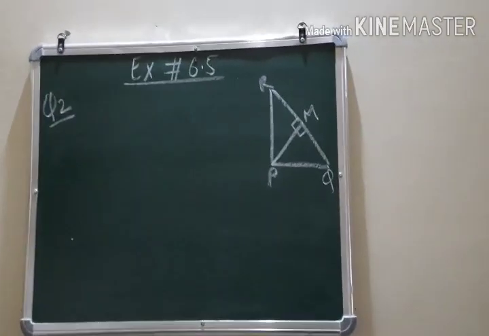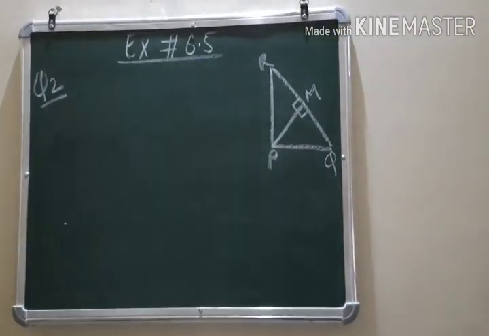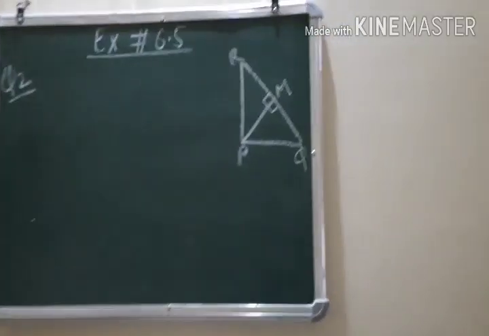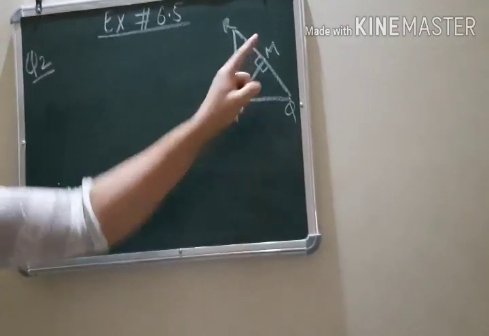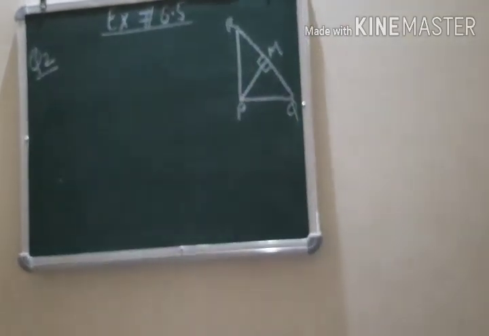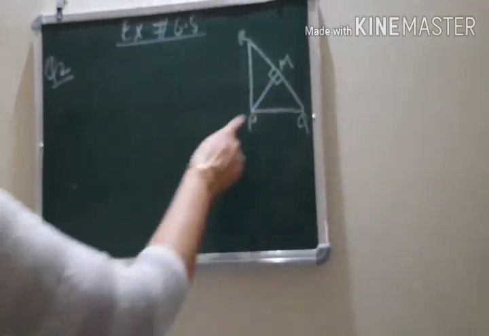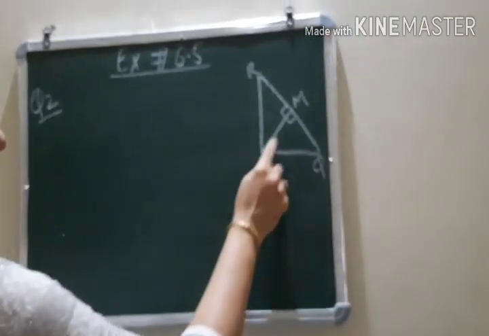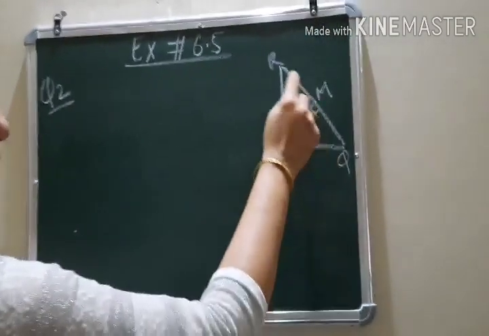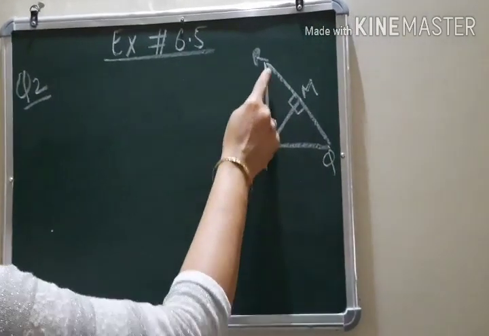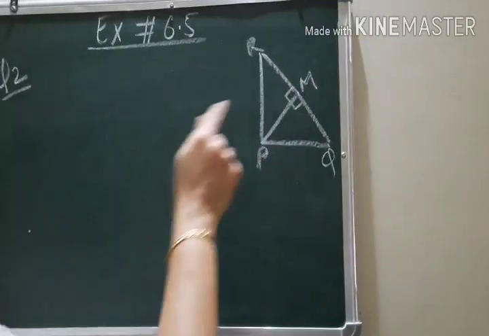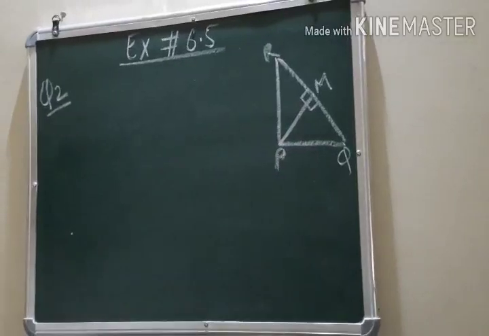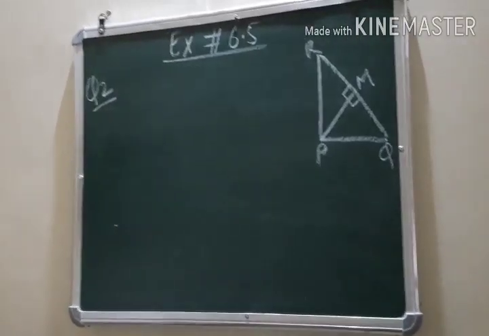Now you know that we have used this type of thing in the Pythagoras theorem also, where from the right angle a perpendicular is drawn to the hypotenuse. There what we did: if from a right angle a perpendicular is drawn to the hypotenuse, then the small triangle and the big triangle are similar. This small triangle and the complete triangle are similar, and these two small triangles are similar to each other also.